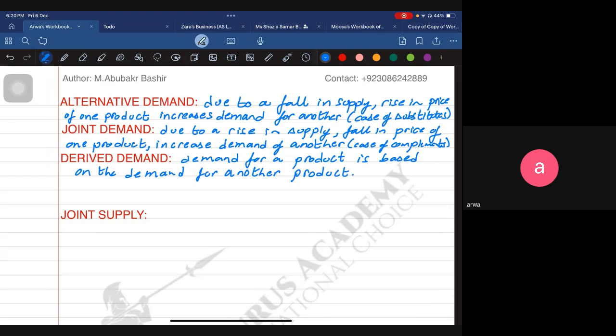Okay, now how do we apply it to a service, in terms of an example, if you could explain? Okay, that would basically mean that the demand for a service is based on the demand for another service.